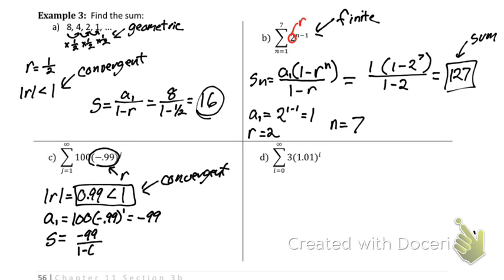Our r value is that negative 0.99. And can someone give me the decimal value? I have a weird fraction I don't want to use. Did anyone else get 49.75? Well, negative.